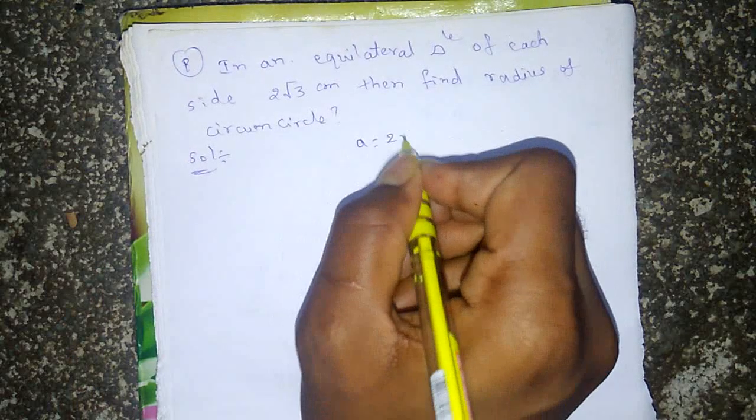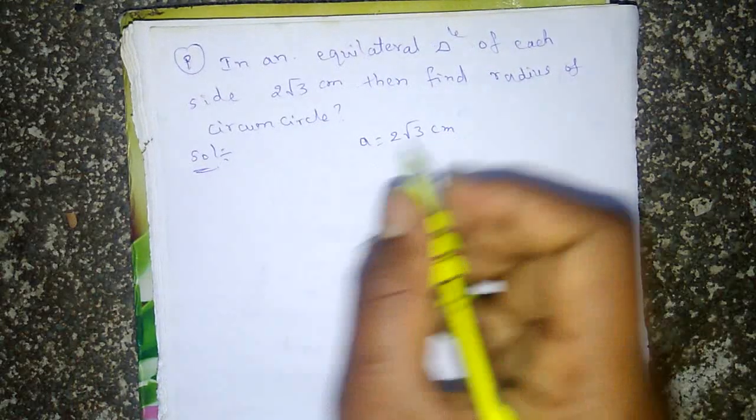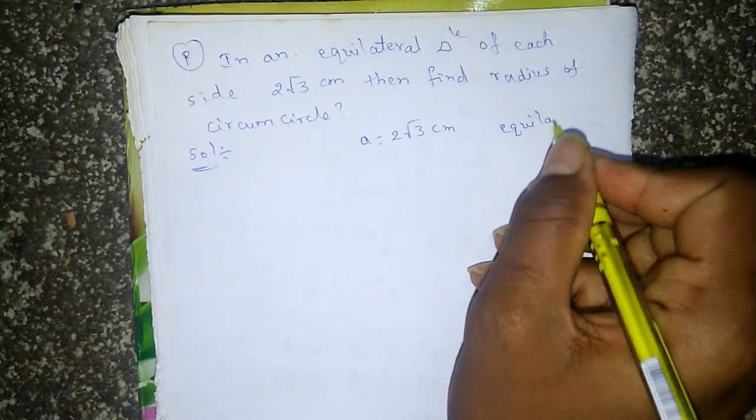Here given small a is equal to 2 root 3 centimeter, equilateral triangle, therefore all sides are equal.